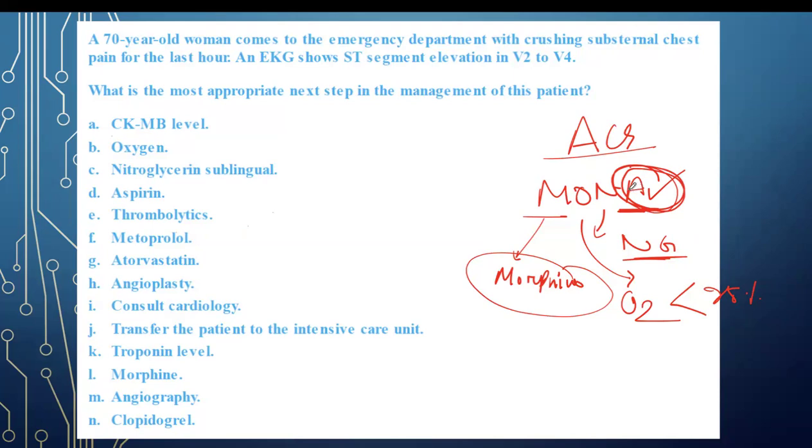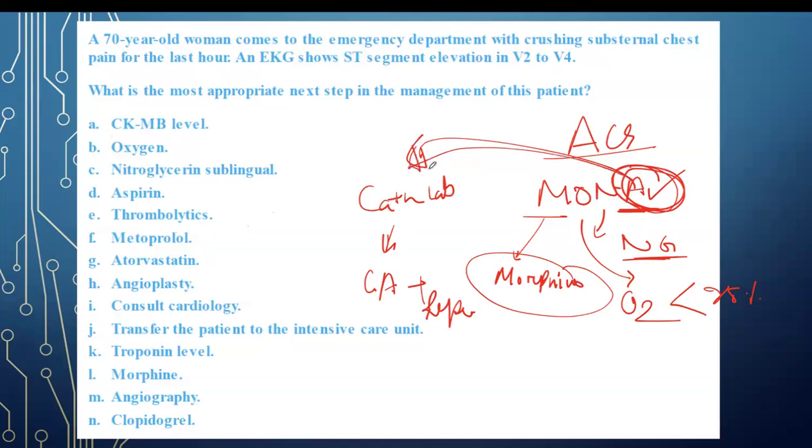As soon as you start the patient with aspirin, you have to call the catheter lab for arranging a coronary angiogram plus reperfusion. You would not wait for morphine, oxygen, nitroglycerin, and then call the catheter lab. You start aspirin, and then you call the catheter lab.